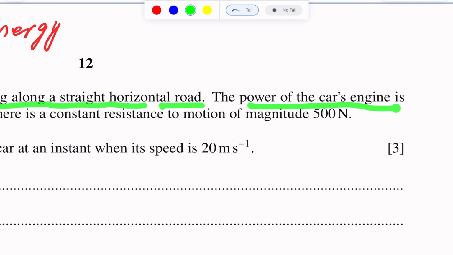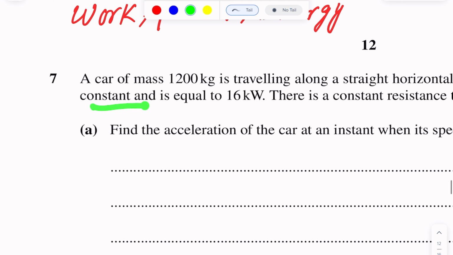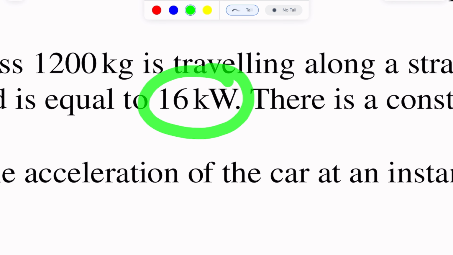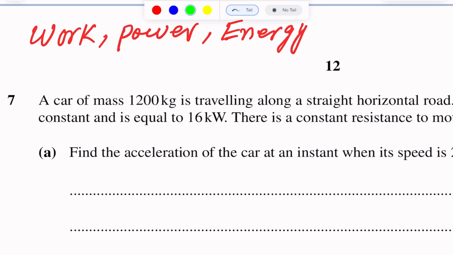The power of the car engine is constant and is equal to 16 kilowatt. Power is given in kilowatt, but we will convert it into watt by multiplying by 1000.